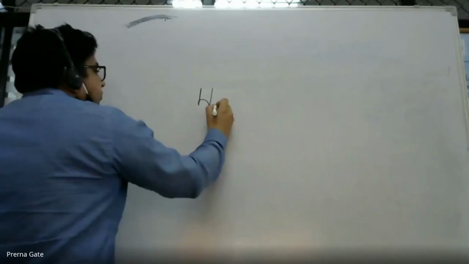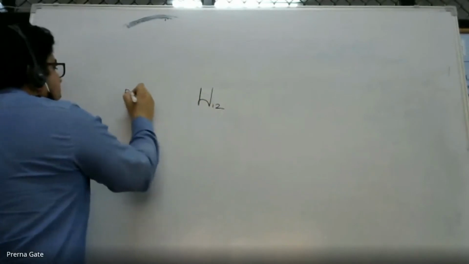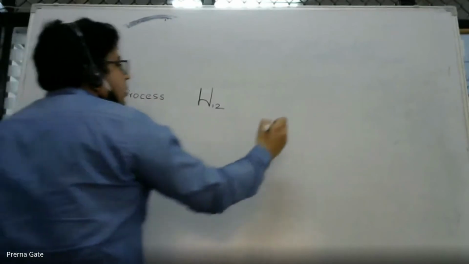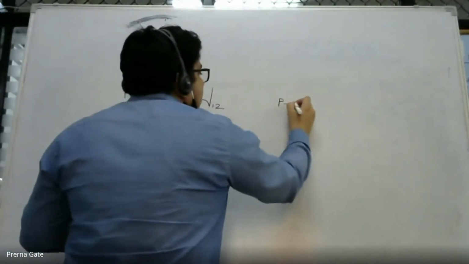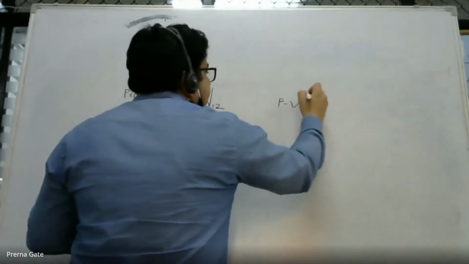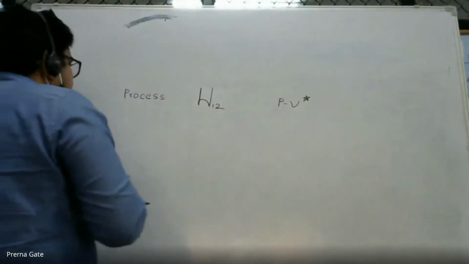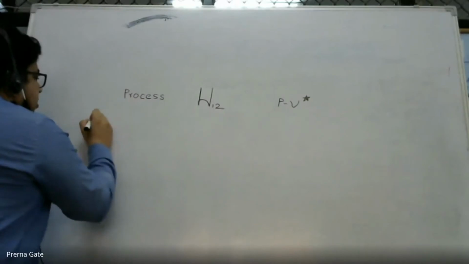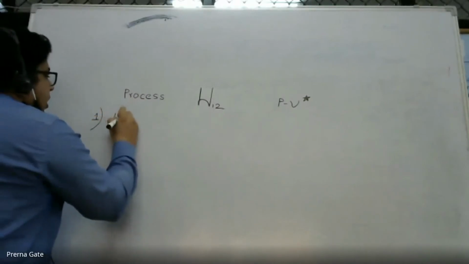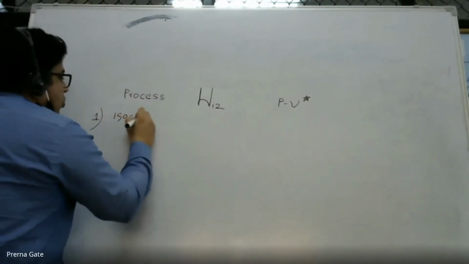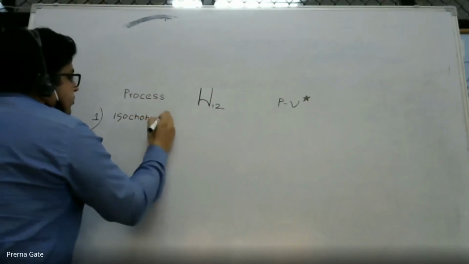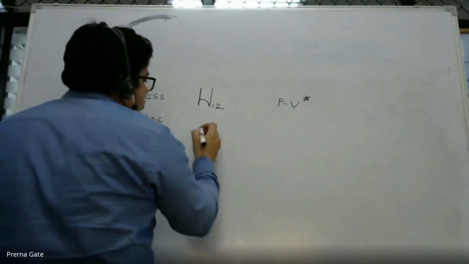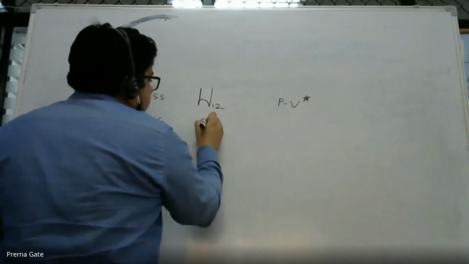So, work done processes, and we will discuss the PV graph. The first process was isochoric. Here the work done was calculated to be 0.